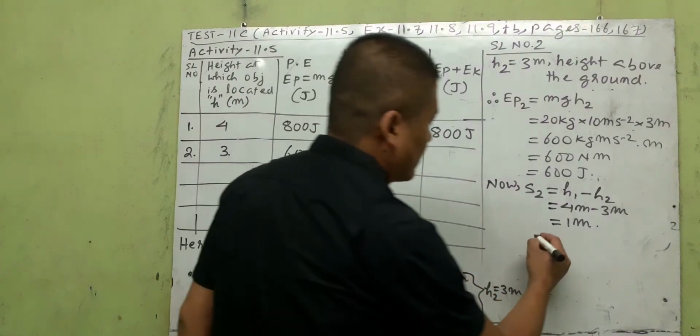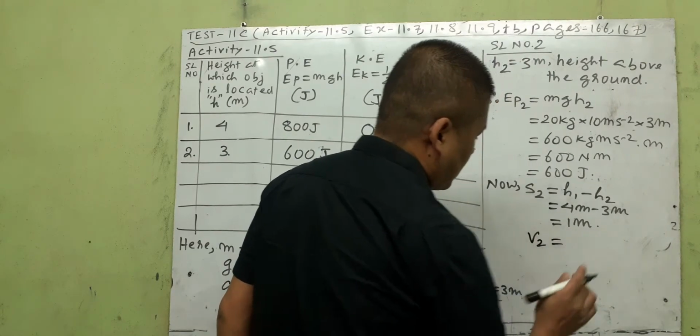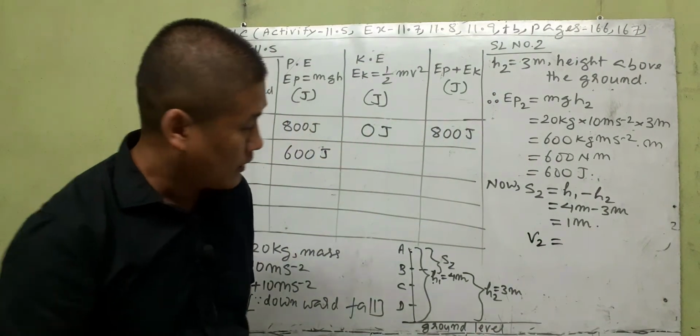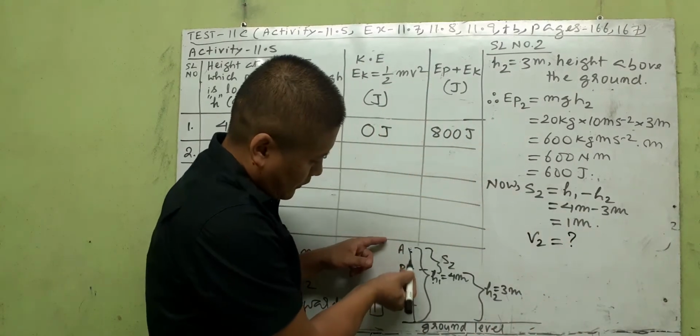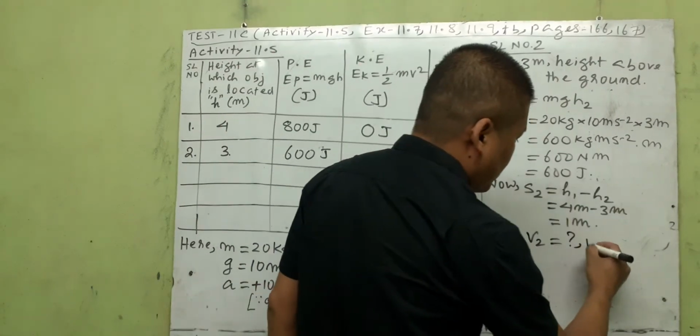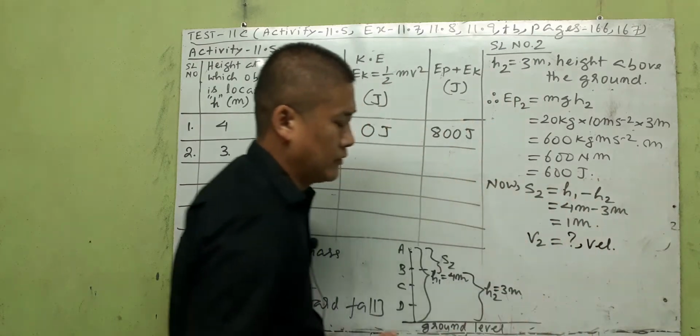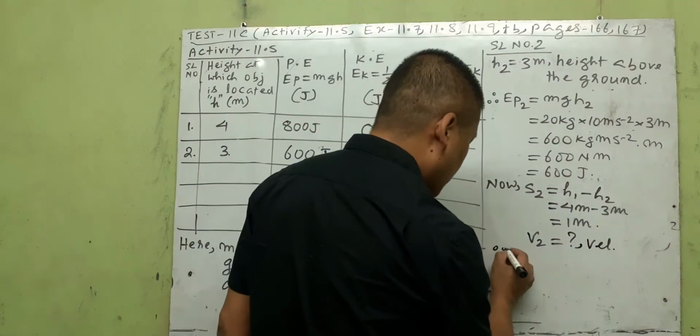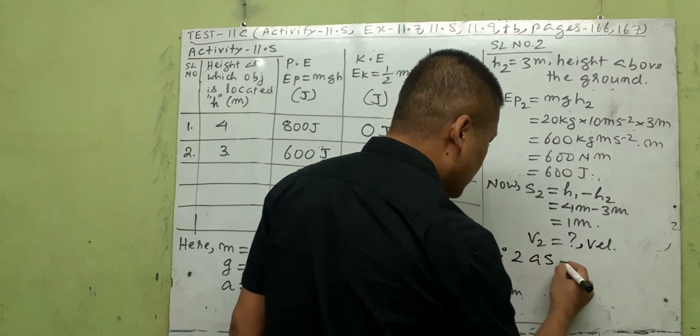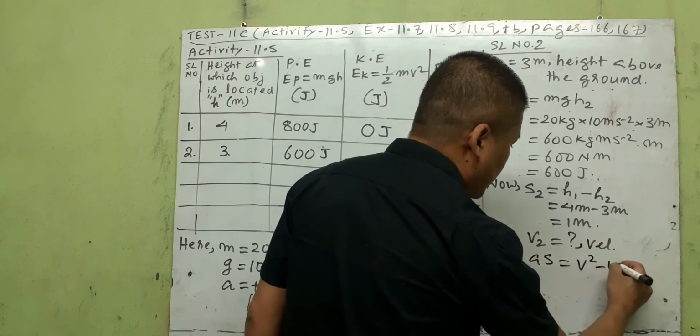V2 is the velocity in the second case. With how much velocity it has fallen from A to B, we don't know. So just put serial number 2 velocity, we don't know. Now we know in the motion equation, 2aS is equal to V square minus U square.